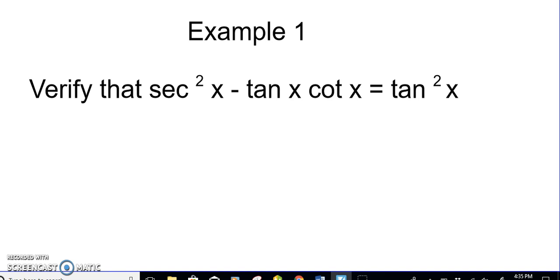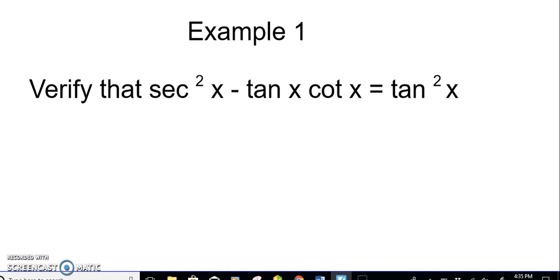So first off, it says verify that secant squared x minus tangent x cotangent x equals tangent squared x. Okay. So before we do anything else, we need to make a plan.